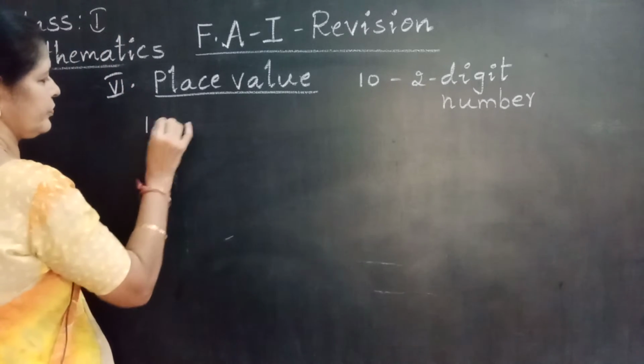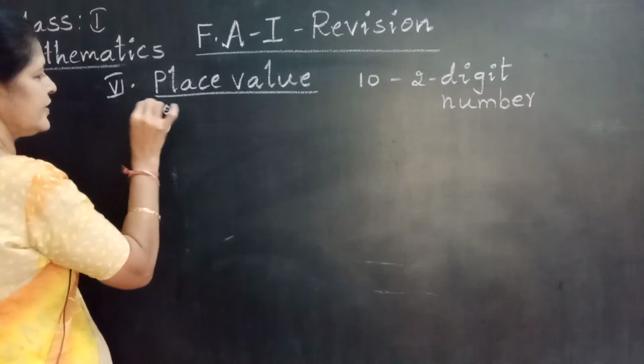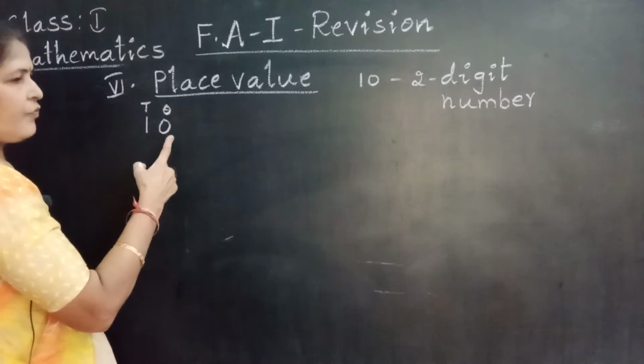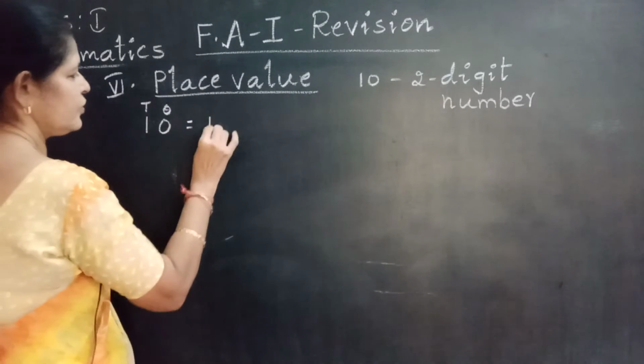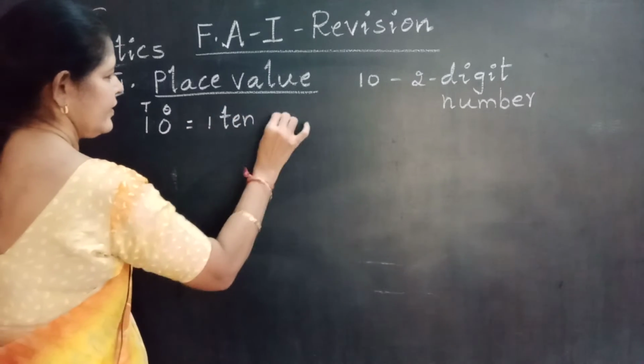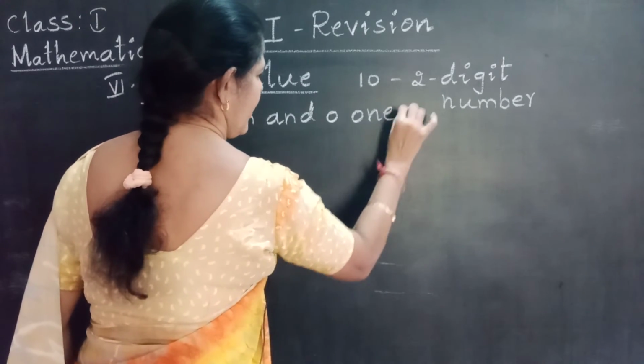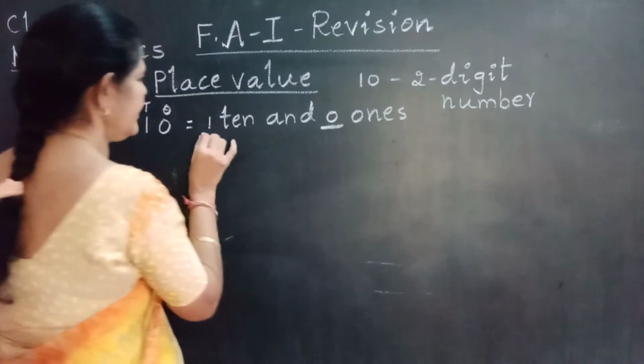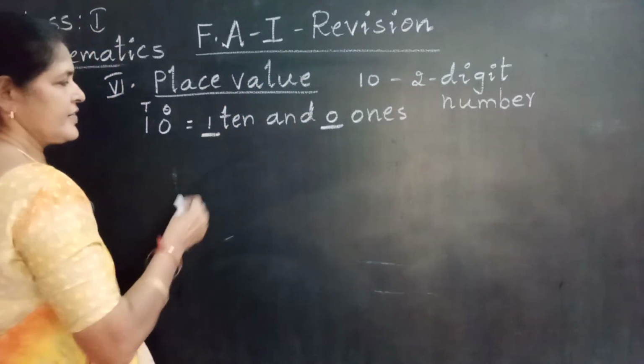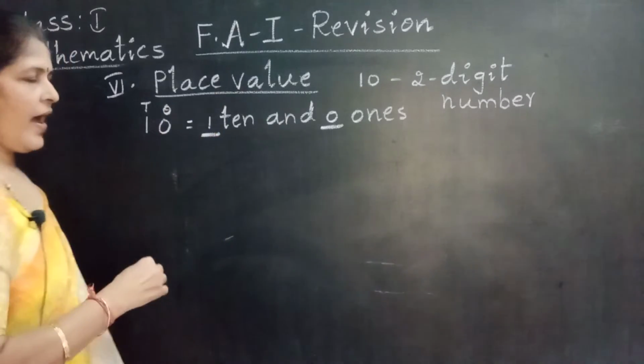See, 10. Ones place, tens place. Tens and ones. 10 equals 1 ten and 0 ones. This is place value.